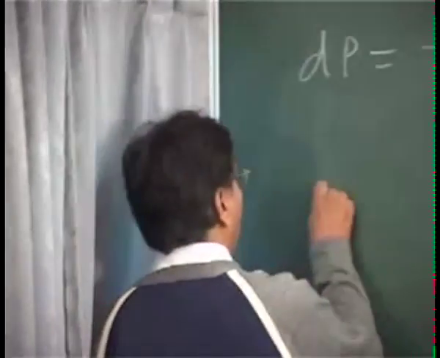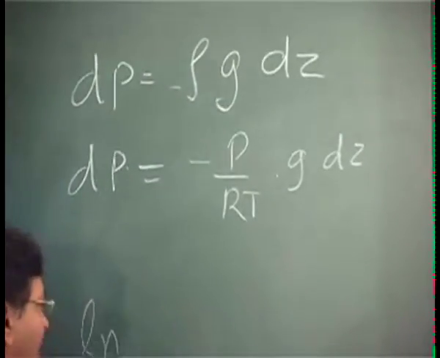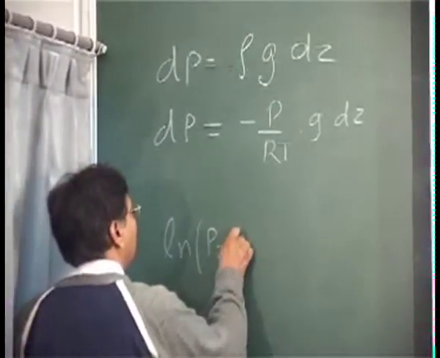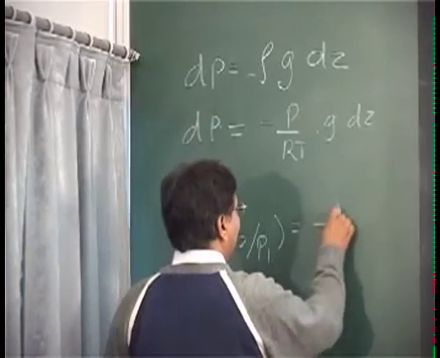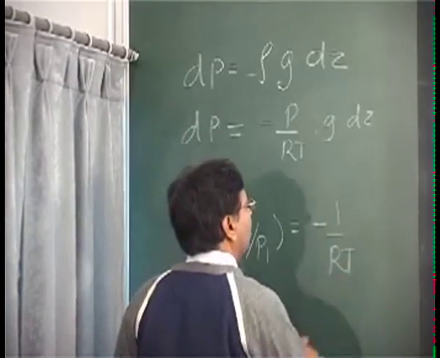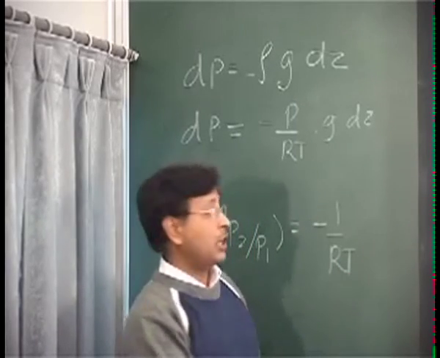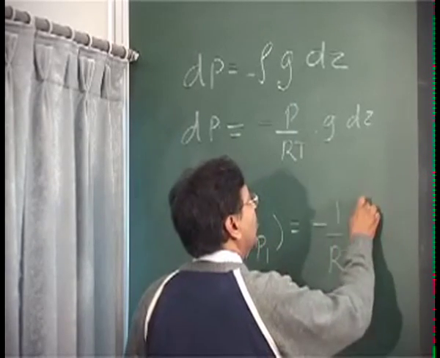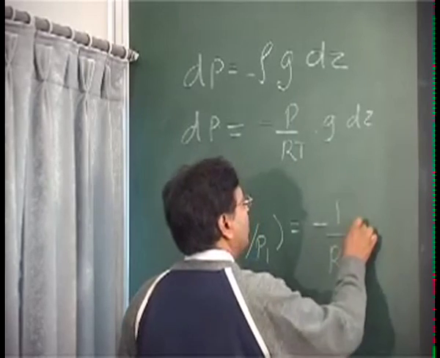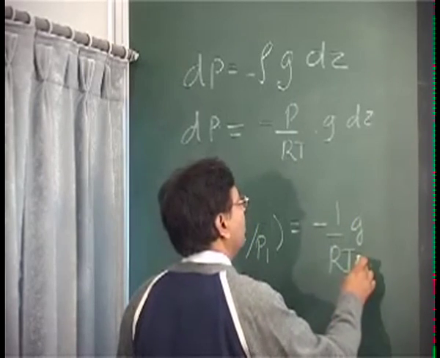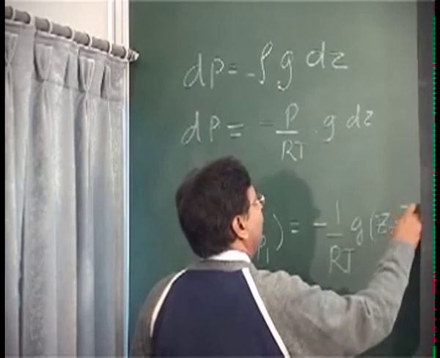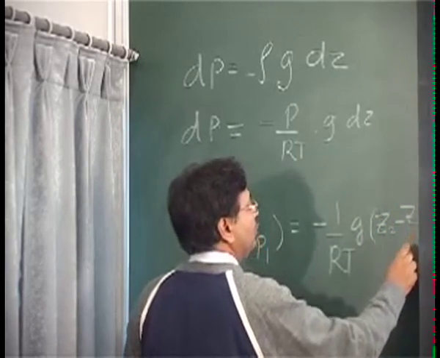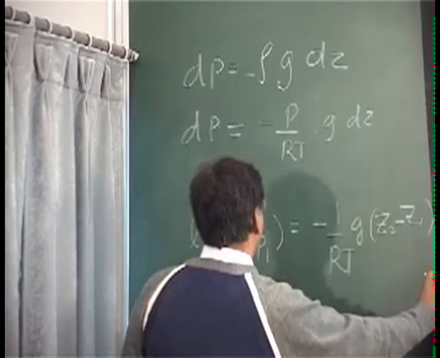We'll take ln of P2 by P1 equals minus 1 by RT, g, Z2 minus Z1. I'm sorry, because this is what we are getting.